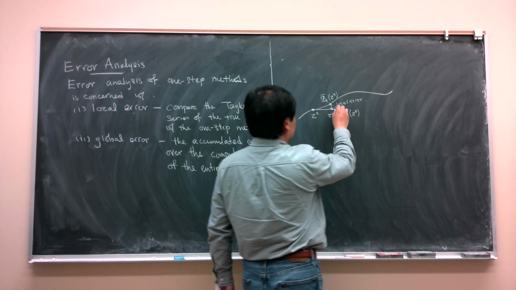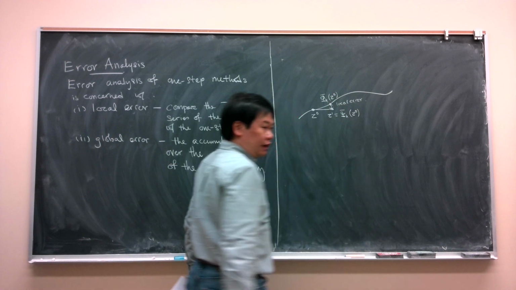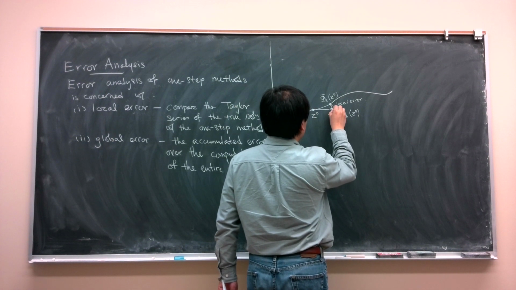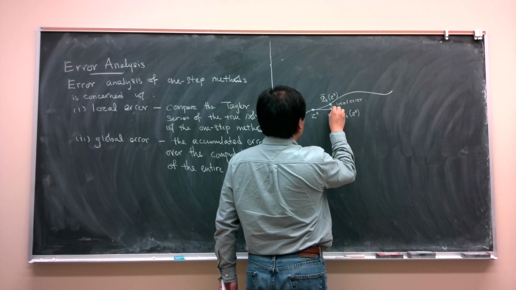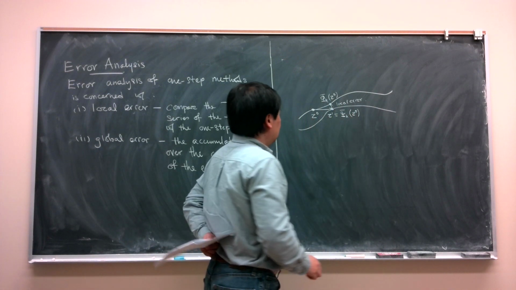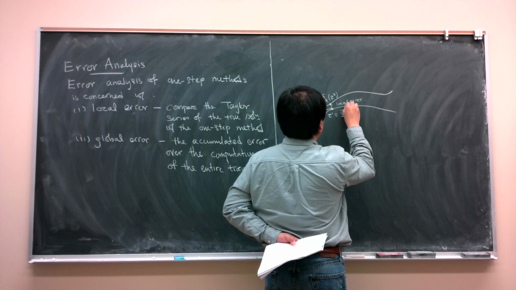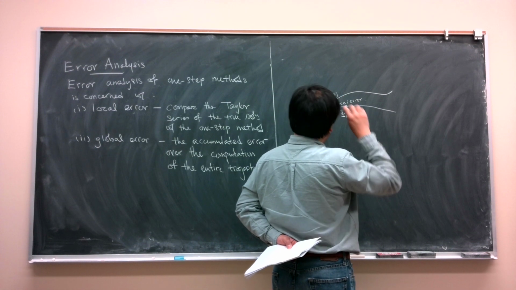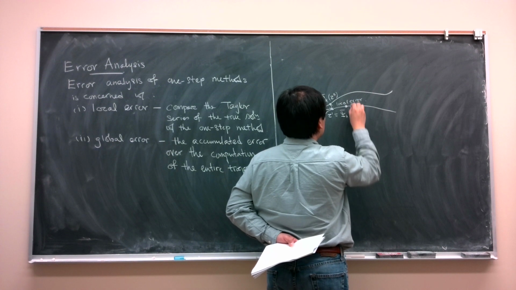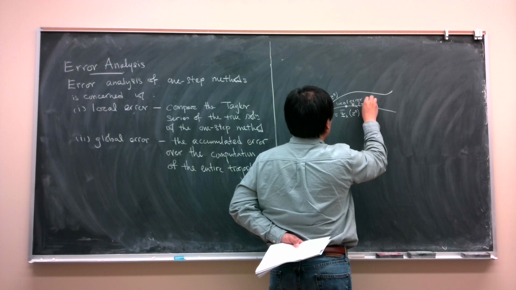And of course, once you have that, you have to apply again another application of the one-step method. So you can ask whether there's another exact solution which goes through the point z1. All right. So this is what you get if you apply the exact solution map to z1.